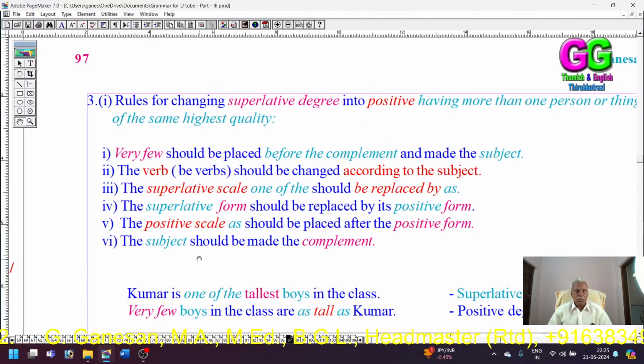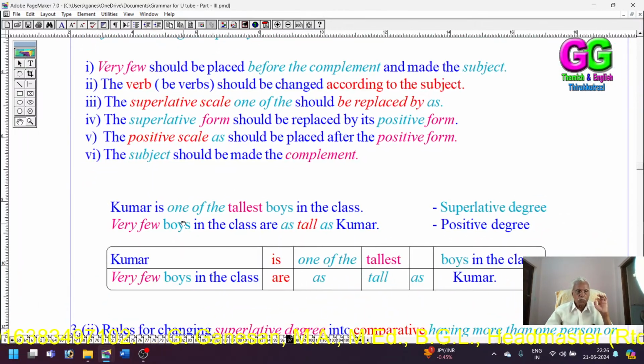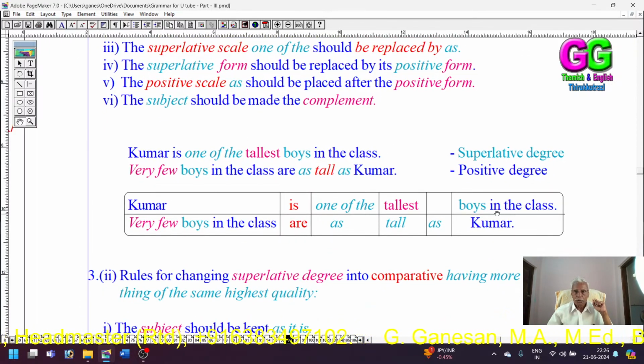Thirdly, we are going to see what rules we have to follow to change the superlative degree into positive and comparative degrees. Let us see. Kumar is one of the tallest boys in the class, superlative. Very few boys in the class are as tall as Kumar, positive. What are the rules we have followed here? First, the complement is "boys in the class".